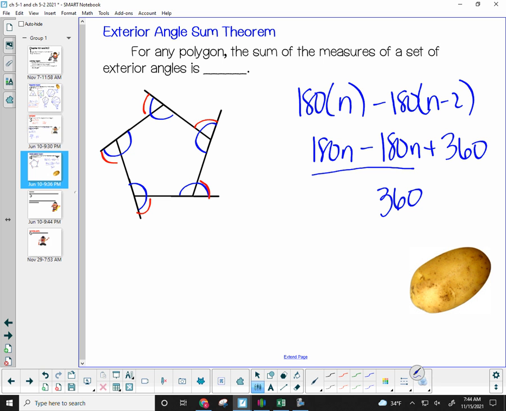The sum of the exterior angles is always going to be 360 degrees. The sum of the exterior angles is always 360 degrees. I don't care if there's 3 sides, if there's 3,000 sides. It's always 360 degrees. Did you know that? No? Exciting new stuff today on a Monday.